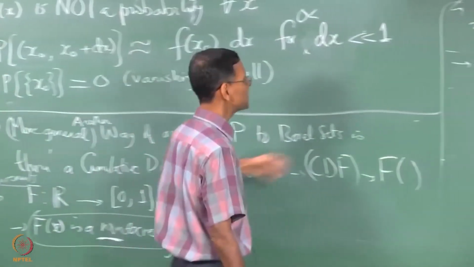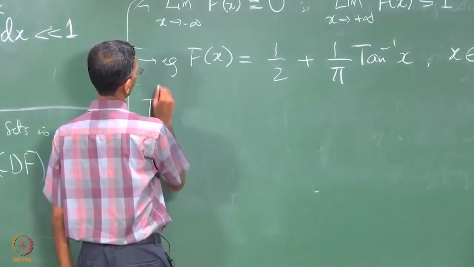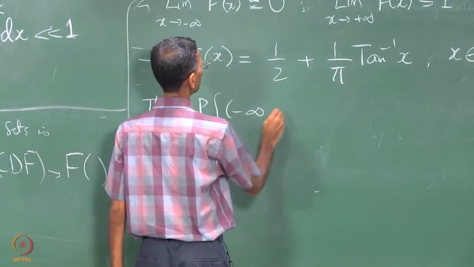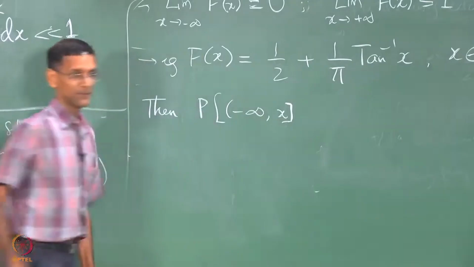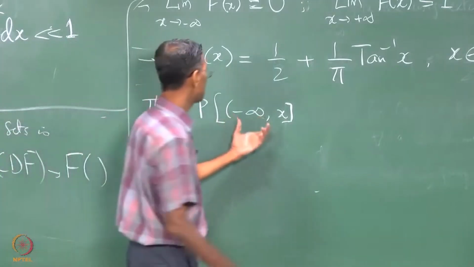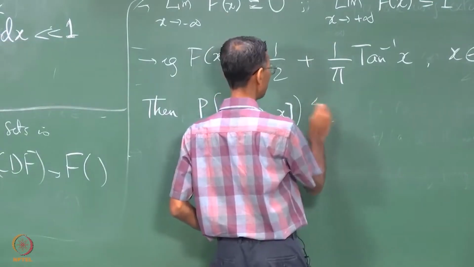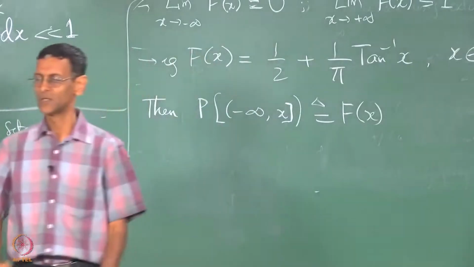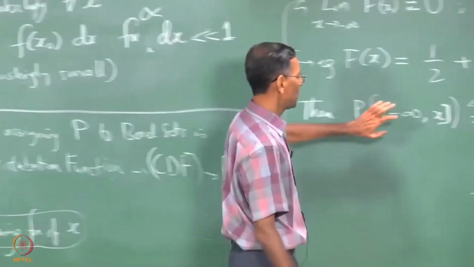So if I have such an F, then I can say, it turns out, this probability, this event, that is the portion of the real line from minus infinity to x, I will define it to be F of x. F of x, at any point, is going to be the probability of this event.